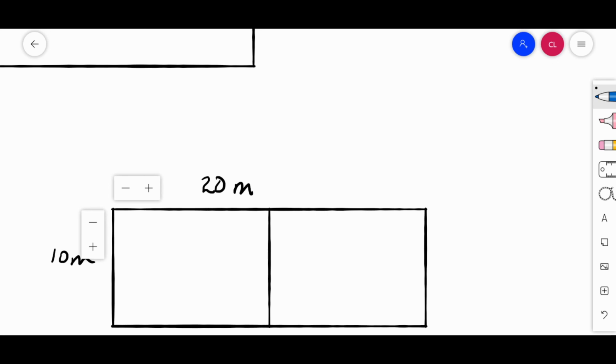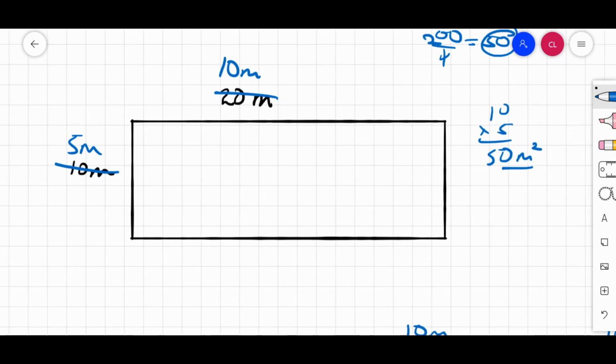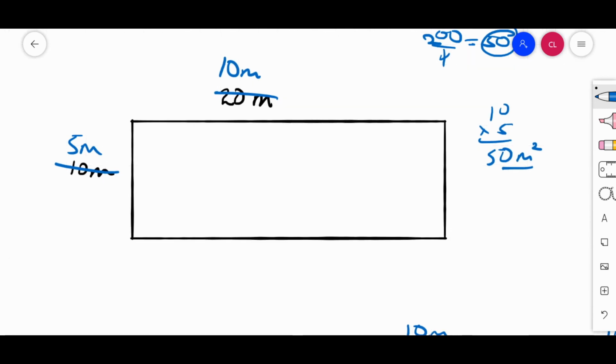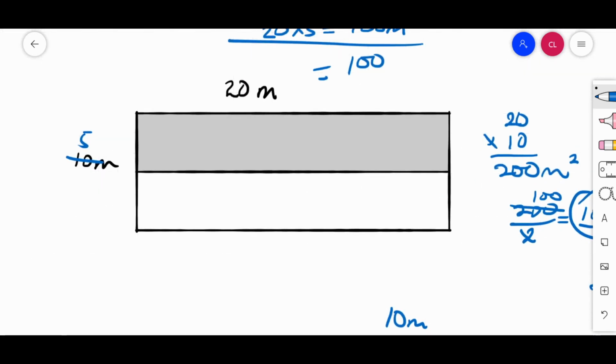So instead we would have this total being 10 meters, and we could have 10 meters by 10 meters, and 10 by 10 would give us 100 meters squared. So please remember, guys, you can't divide both sides by 2, because that's not how you would get 100 meters.